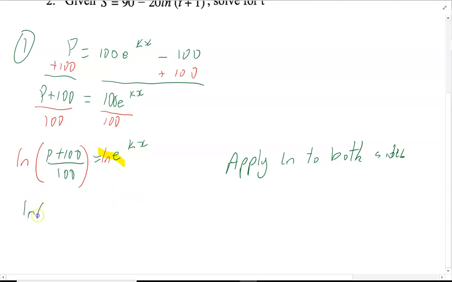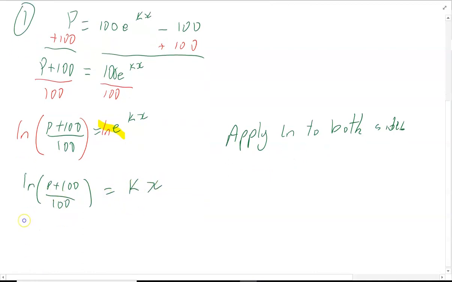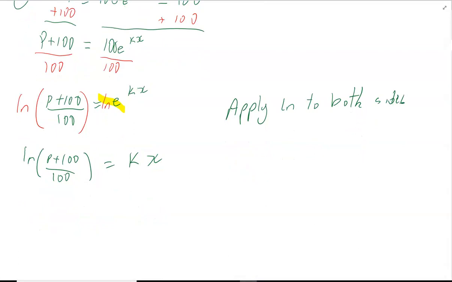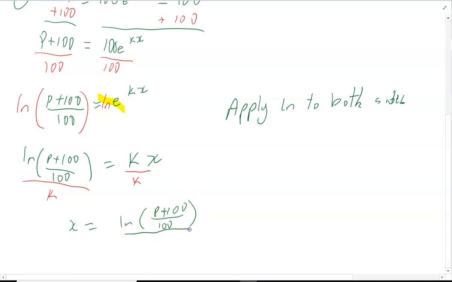So that means ln of p plus 100 over 100 equals k times x. And finally, to get x by itself, we divide both sides by k. So now we'll have x by itself here. So x is equal to ln of p plus 100 over 100, divided by k. That is our final answer for that problem.